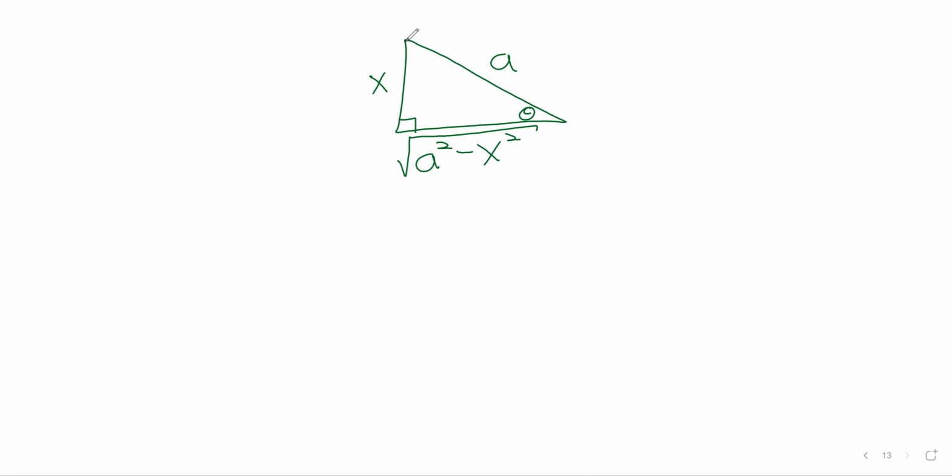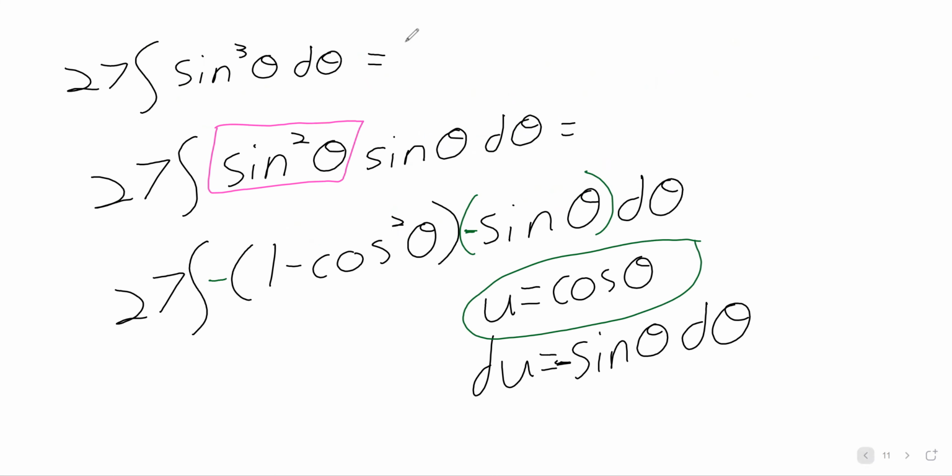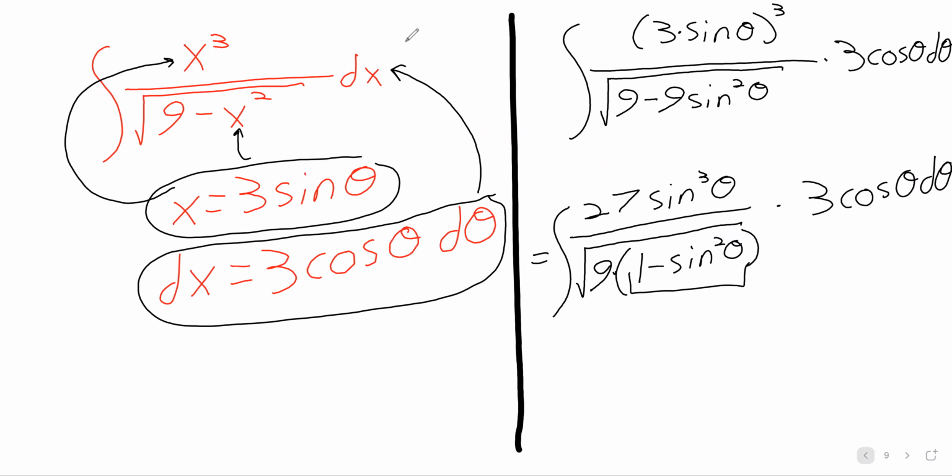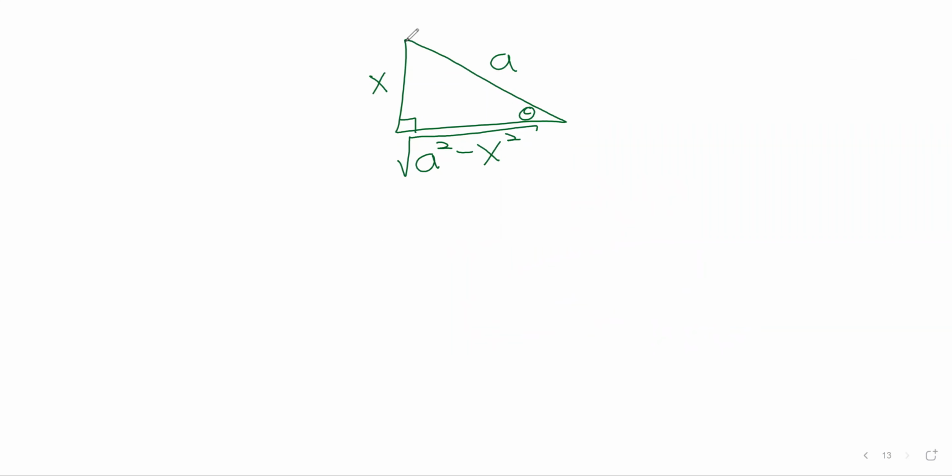And in this particular case, we've got 9 minus x squared. A is 3.